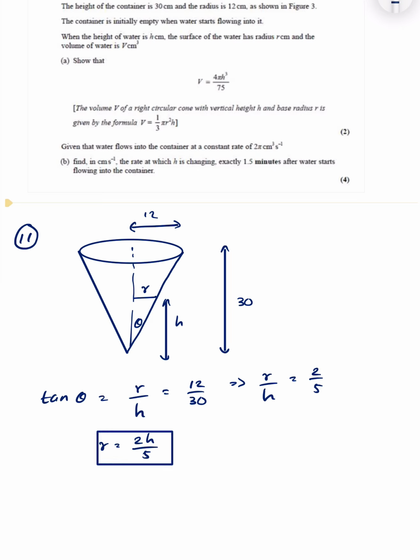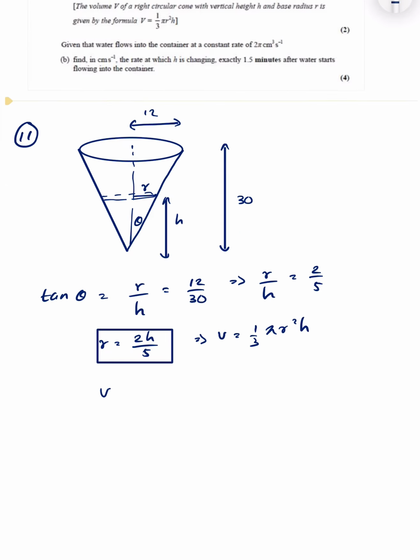So that gives us the volume of the amount of water. So that's 1/3 pi r square h. Let's sub in 1/3 pi times 2h over 5 square times h. So this should give you 1/3 pi 4h square over 25 times h.